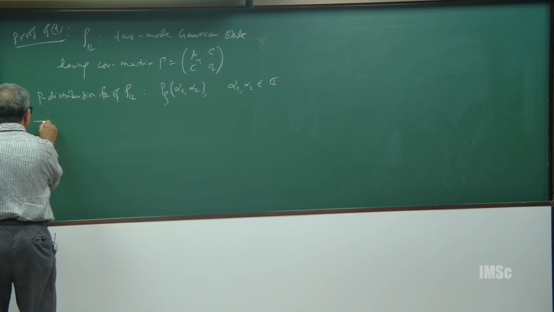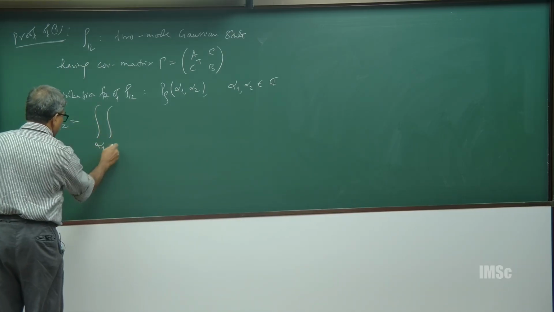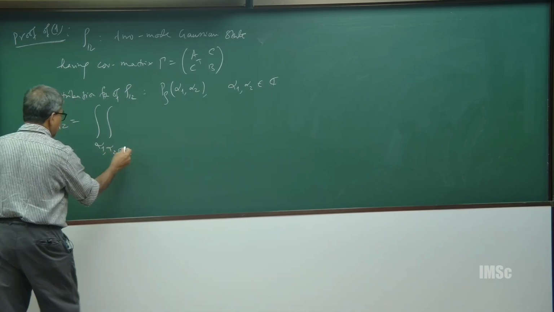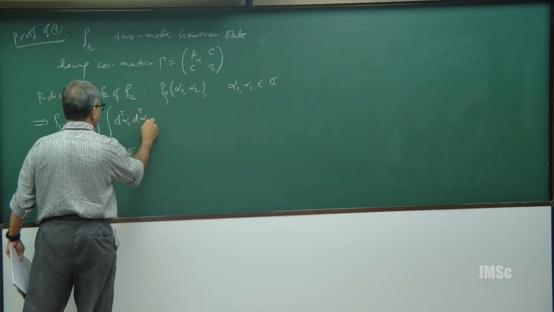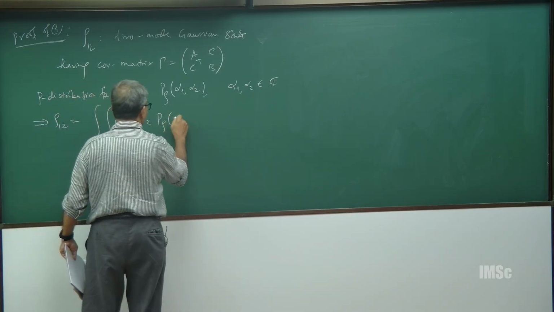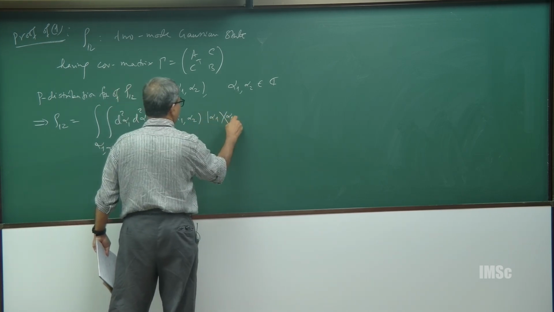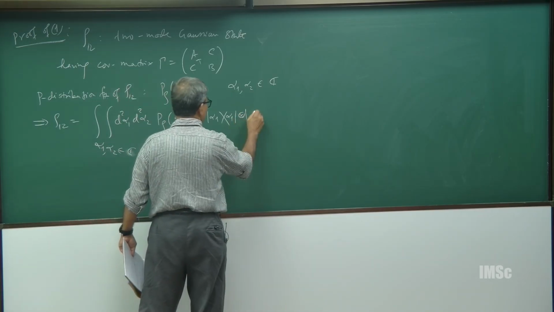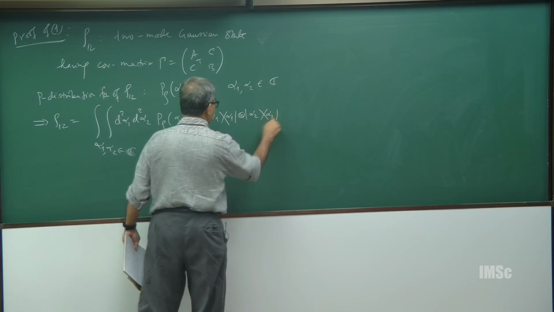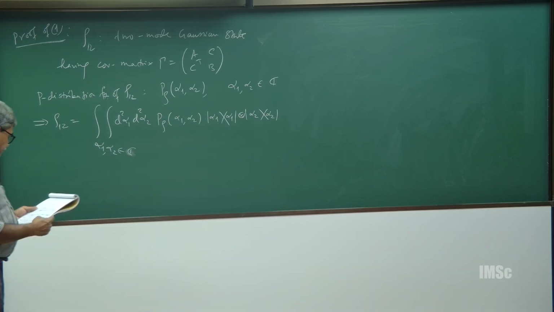So, then I can write rho 1 2 as the integral over alpha 1, alpha 2 belonging to C, d square alpha 1 d square alpha 2 P rho alpha 1 alpha 2, projection on the coherent state alpha 1 tensor product projection on coherent state alpha 2, right. This is the way I can write any state in terms of the P distribution. Okay. Right.